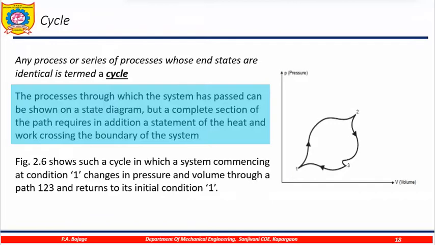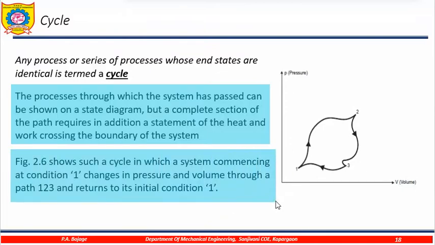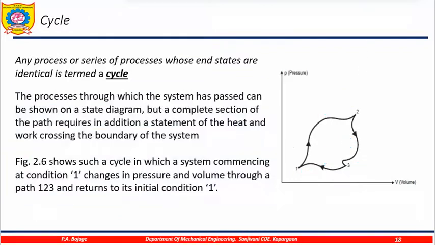So, this will definitely happen. The figure shows a cycle whose initial state is 1 and final state is also 1, but it passes through 2, 2 to 3 and 3 to 1. So, these are the 3 paths.